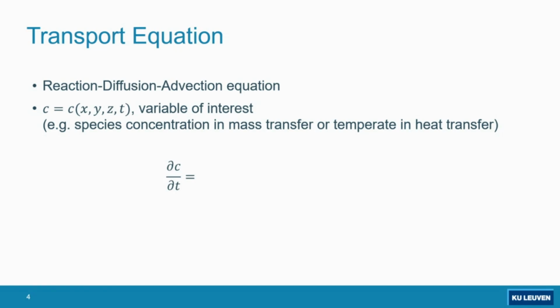So the equation consists of multiple terms. The first term shows how this quantity of interest, this variable of interest, for example, concentration or temperature, evolves in time. So the partial derivative of that regarding time equals how this quantity diffuses. So we have the diffusion term, how it is advected, and we have here the velocity. You can see that it is related to advection, and then how it reacts with the world.